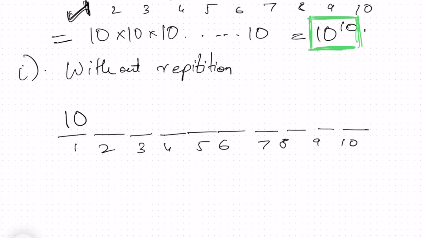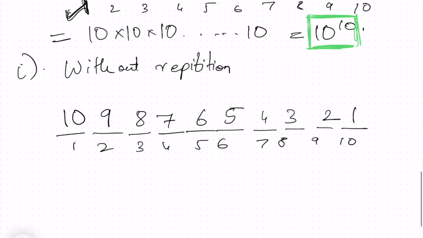So any digit cannot appear more than once. If I've used up a digit in the first place, the second can be filled in 9 ways, 10 minus 1, third in 10 minus 1 minus 1, 8, then the fourth in 10 minus 3, 7, and so on. So 5 can be filled in 6, and then 5, 4, 3, 2, 1.